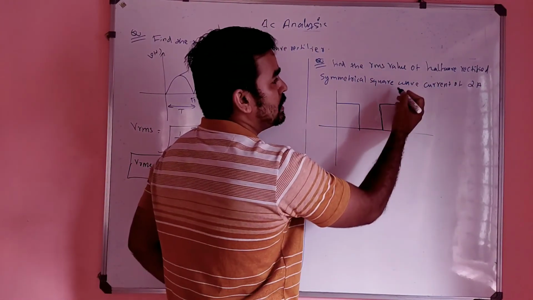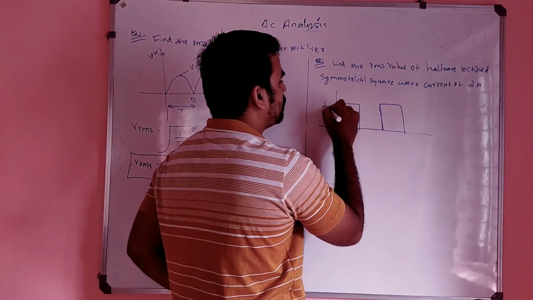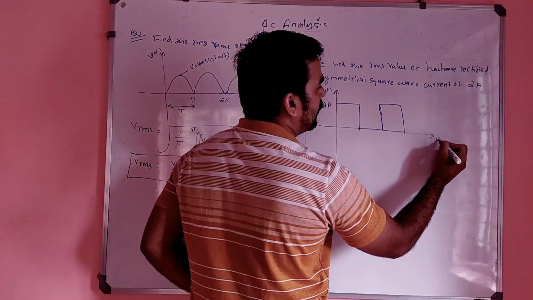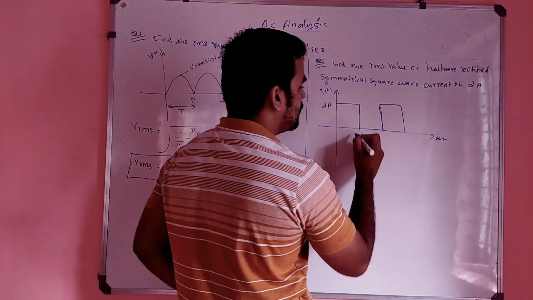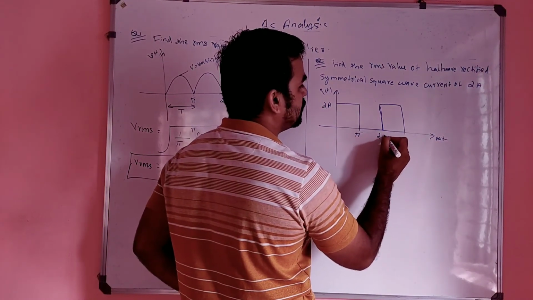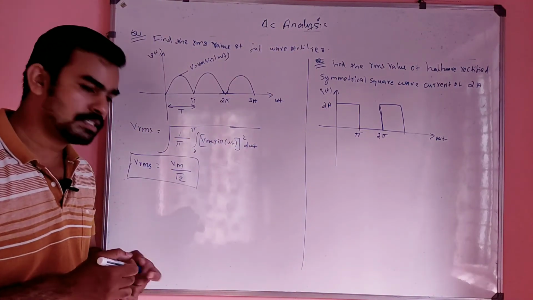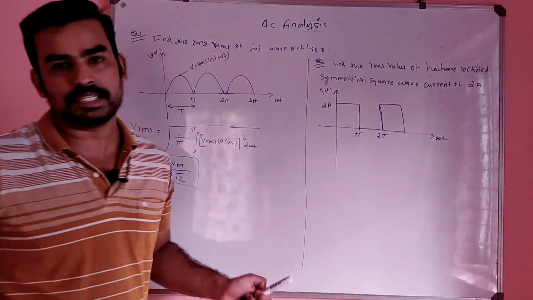Symmetrical square wave current of 2 ampere means this is 2 ampere, this is i of t, this is omega t, this is pi, this is 2 pi, because half wave rectified means the wave is from pi to 2 pi. There is no change in that.